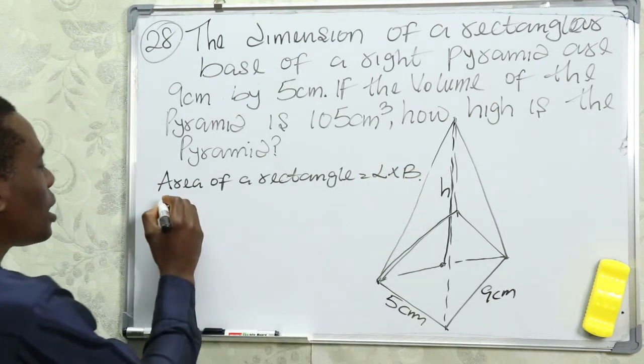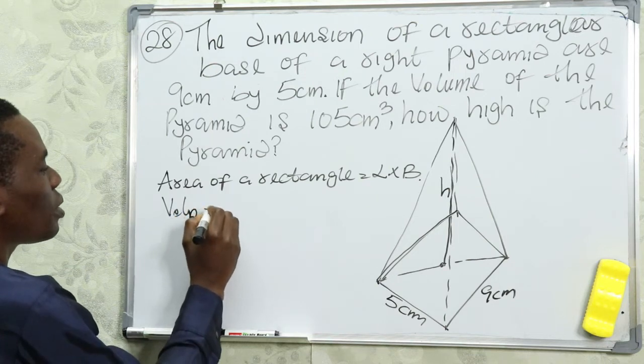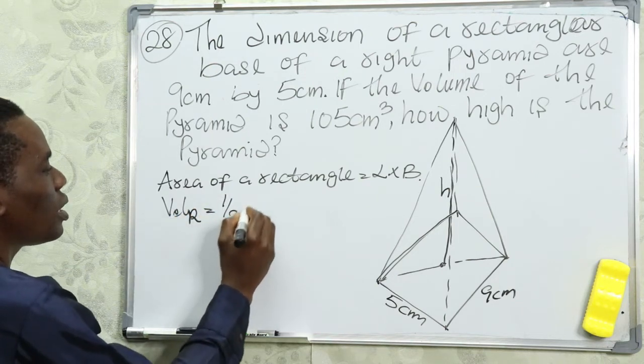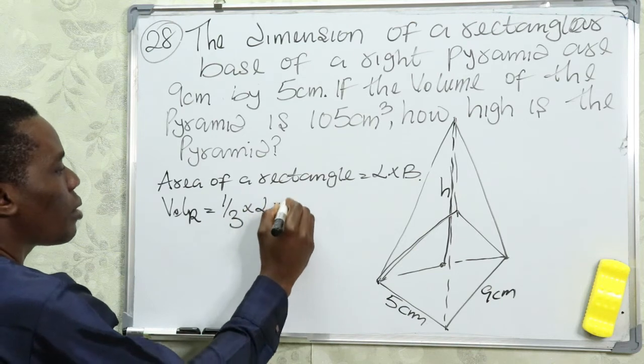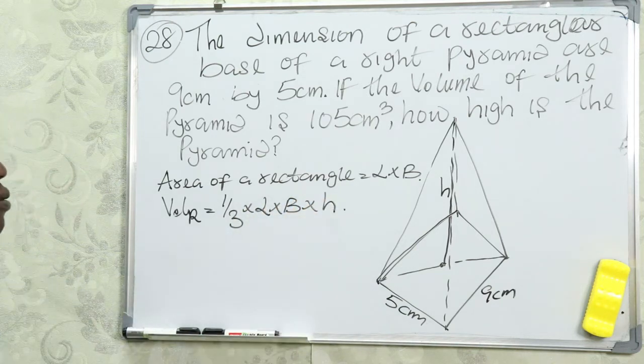So the volume of the rectangular pyramid will be equal to 1/3 times the length times the breadth times the height of the pyramid. And we are asked to look for the height.